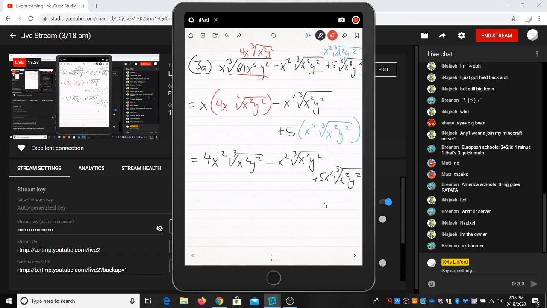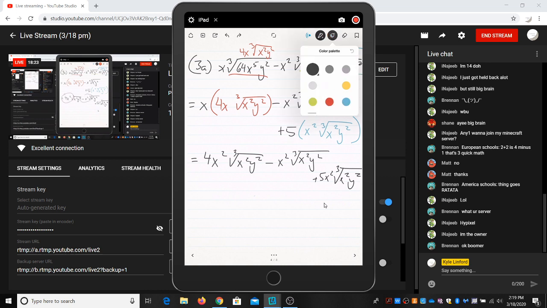When we combine like radicals, we're really adding what I call the pseudo coefficients on the outside of the radical sign. So we have 4x squared minus x squared plus 5x squared. Good news for us, those are all like terms, so we can add them together.